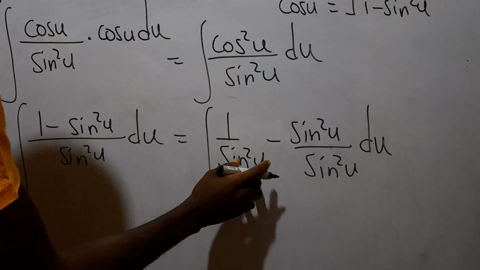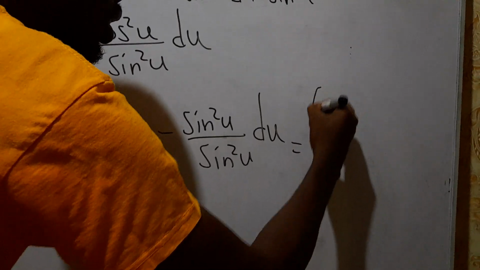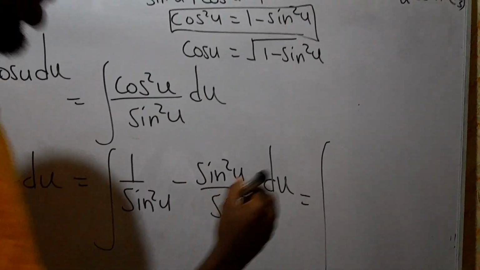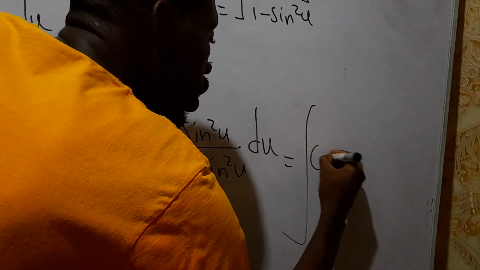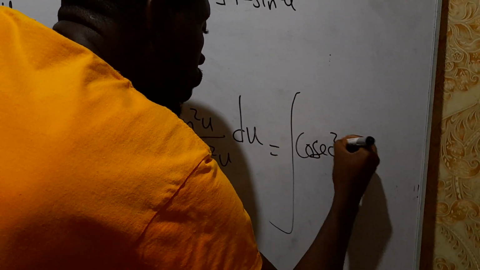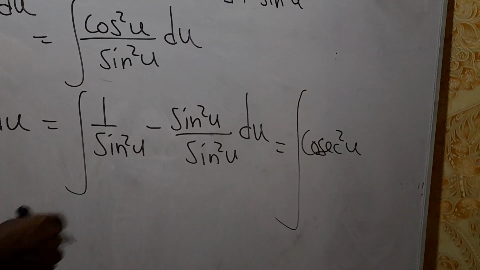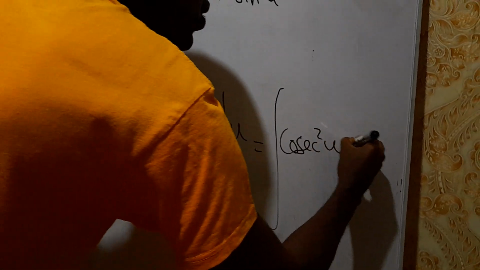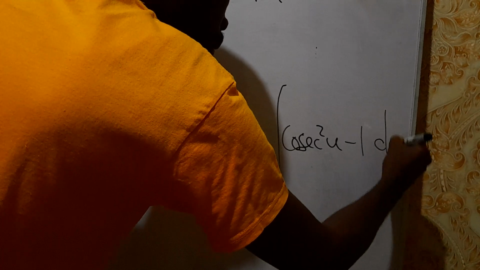When we polish this further, 1 over sine is cosec. So that will be cosec square u minus sine square u divided by sine square u, which is 1, du.